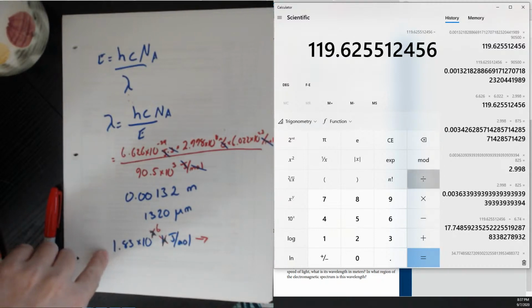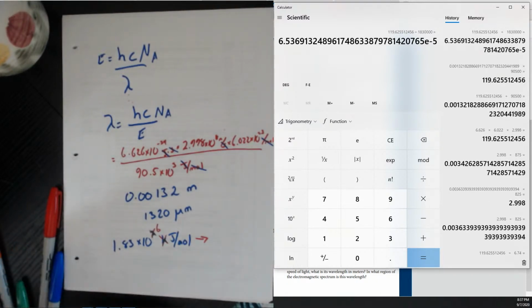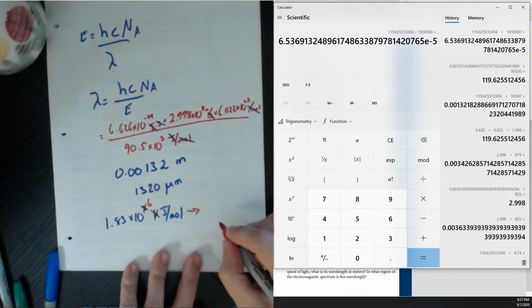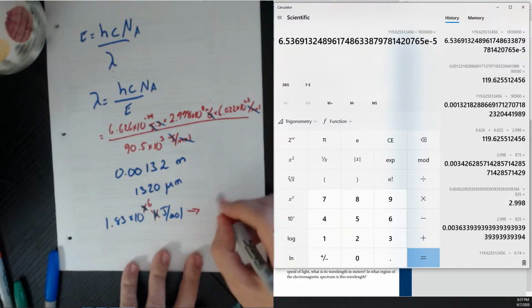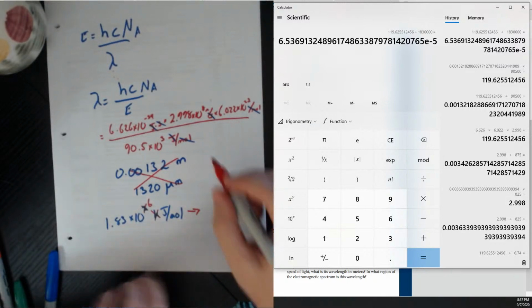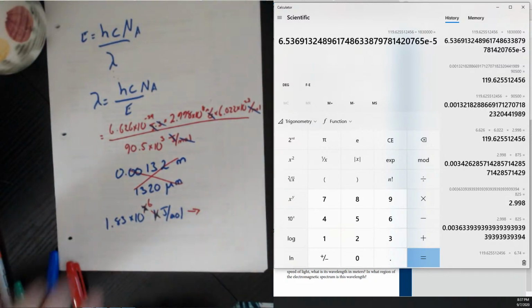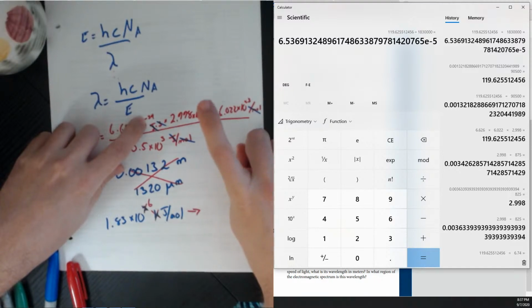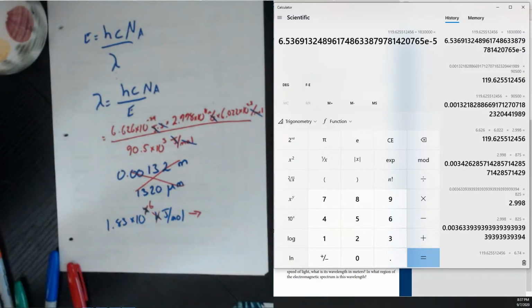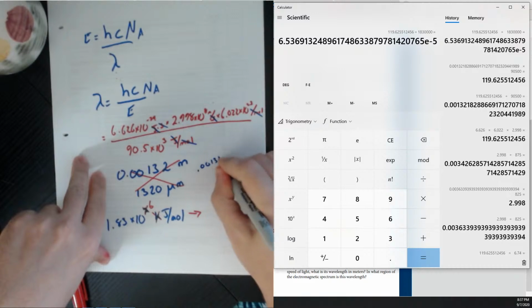So we're now dividing by 183, 1, 2, 3, 4. That is, oh dear, that is not right. I mean, I got the number right, but 0.00132, negative 34, negative 11, negative 3, positive. Oh, it was exactly right. It just worked out that way. So this was correct, 0.0132 meters.